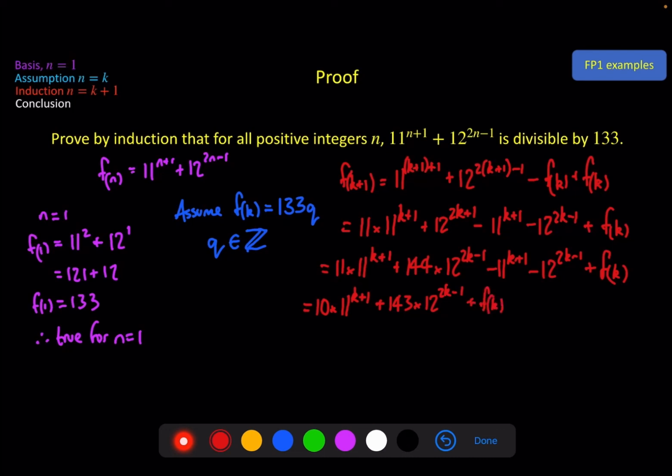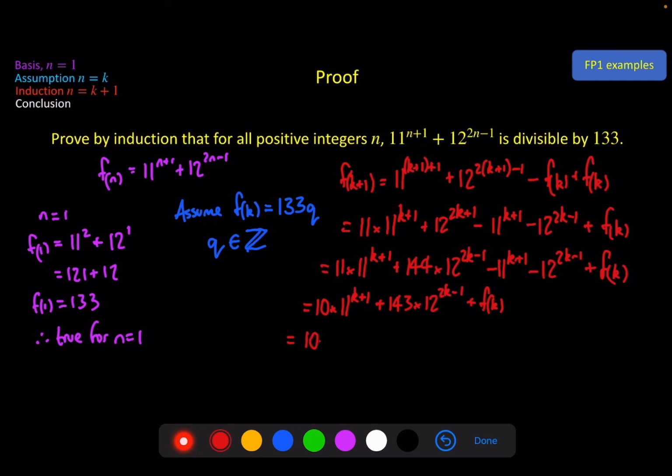Now it might not seem obvious immediately what's going on here, you might have to ponder it over a little bit to see how this is helpful, but I've got 10 lots of this thing, which is part of the function, and then I've got loads of this thing, so I could take out 10 of these and separate them off to give me 10 lots of the original function, evaluated at k.